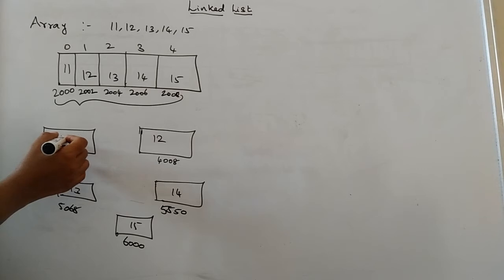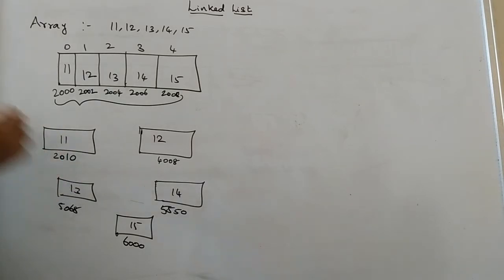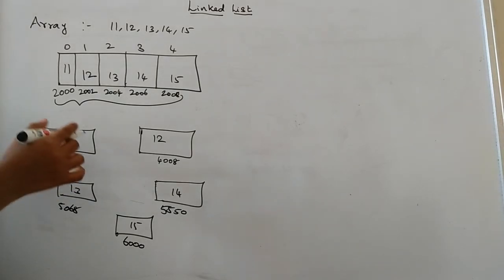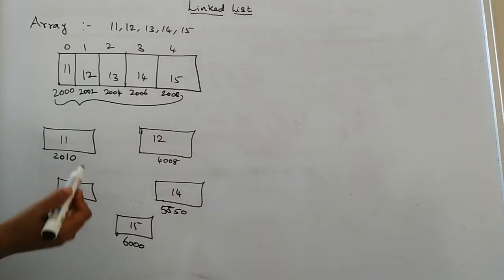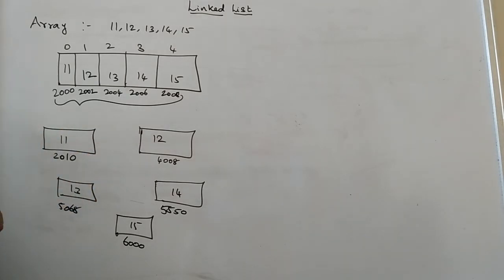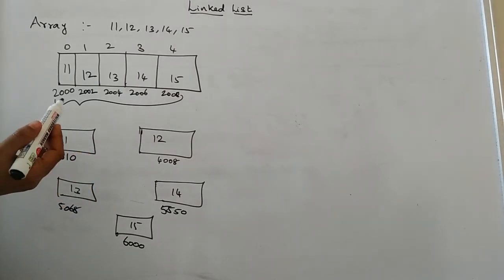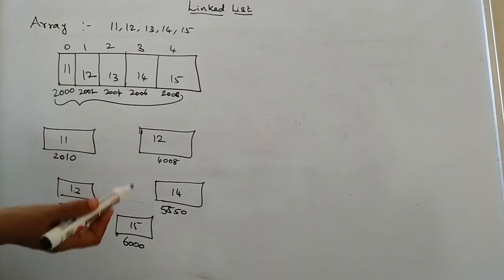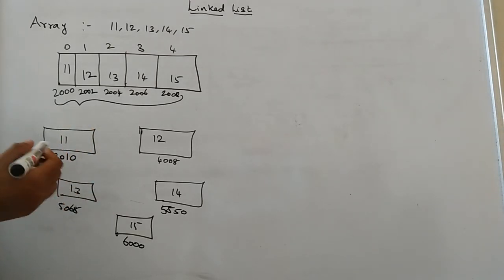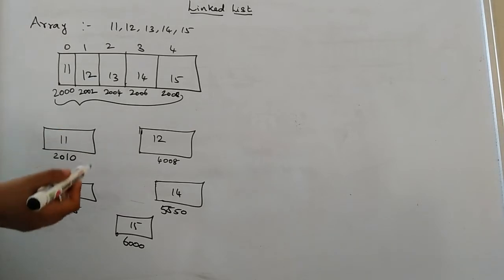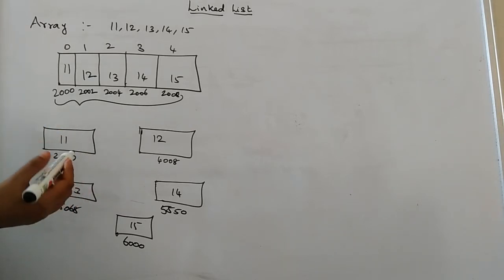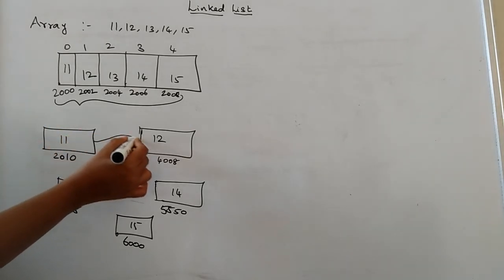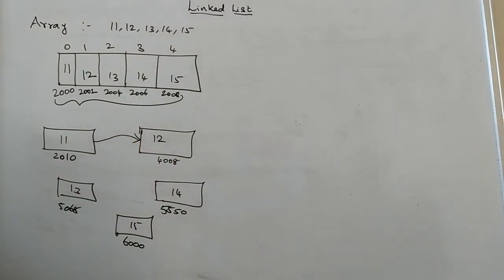The first element stored in 2010 should point to the next element in your list, then only can you refer to the next element. In order to point to another element, you make use of a field called link.